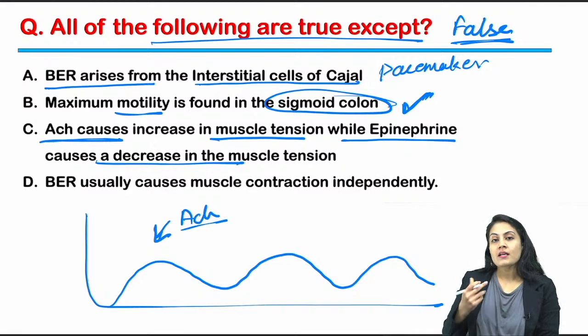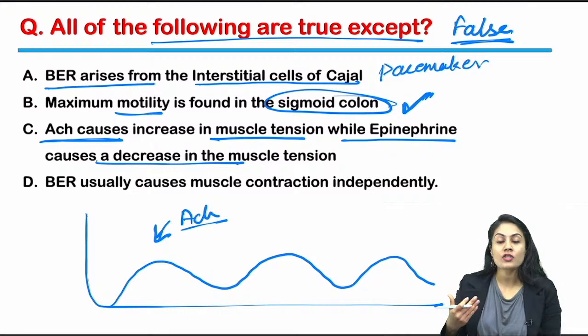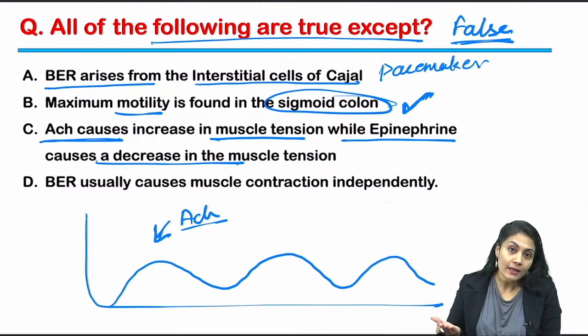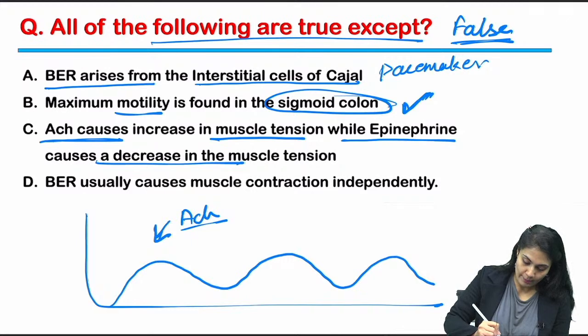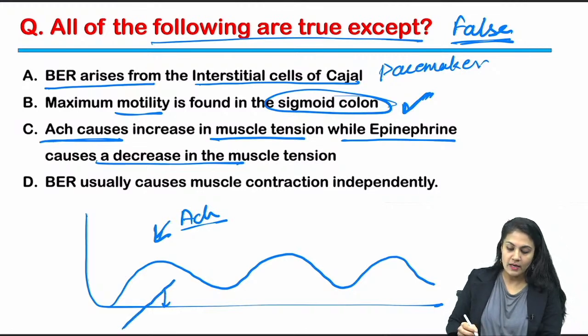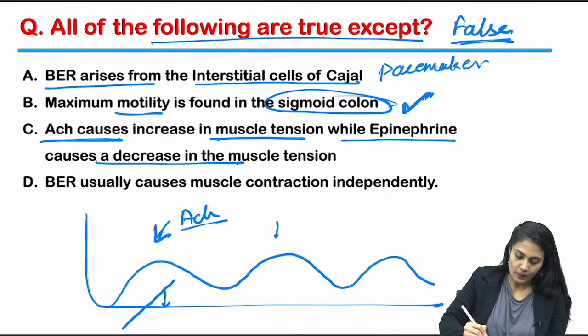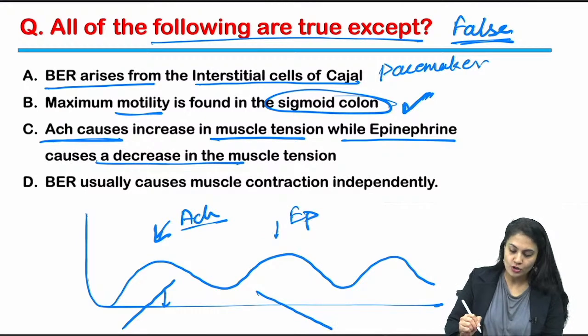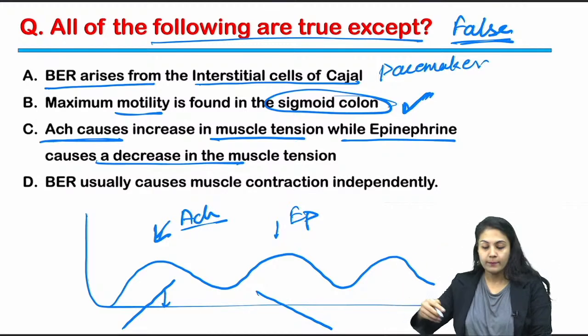Parasympathetic system itself is called the rest and digest system. So that means the digestion or the GIT is stimulated by the acetylcholine. So what is going to happen? The tension, if I measure, is going to increase as soon as I put the acetylcholine. Suppose over here the epinephrine is poured into it. What is going to happen to the tension? The tension is decreased.